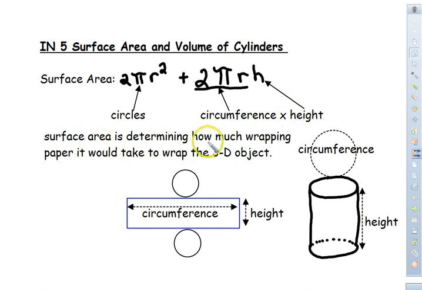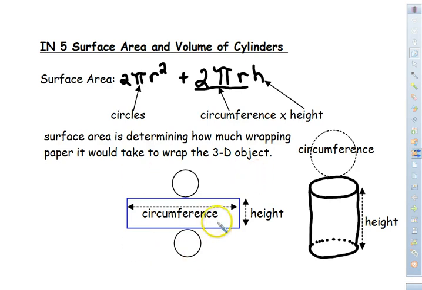Surface area is determining how much wrapping paper it would take to wrap the 3D object. That's basically what you are trying to find, the surface area. And we've talked about that before, dealing with wrapping. I think we used a Kleenex box, is what we had talked about on Tuesday, dealing with surface area of the rectangular prism.